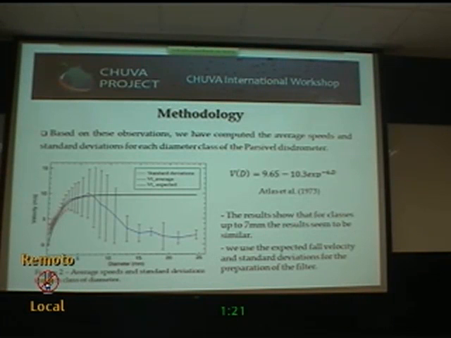The expected fall velocity is determined using an equation. The results show that for classes up to 7 millimeters, the results seem to be similar. For this, I use the expected fall velocity and standard deviation for preparation of the filter.